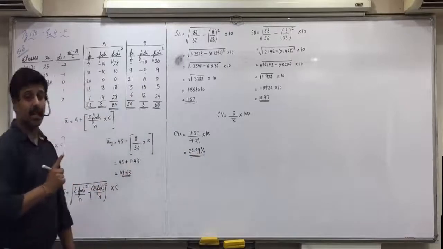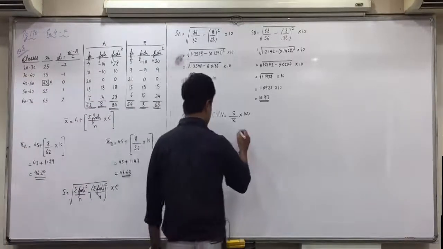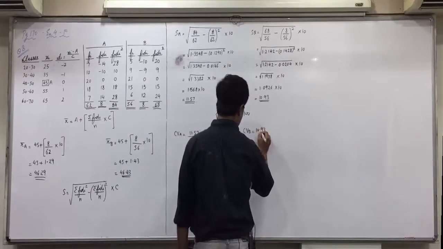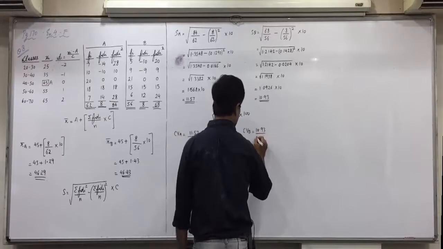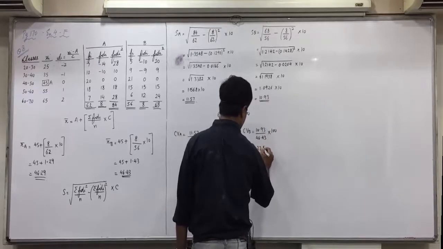After CV, it is necessary to write percent, otherwise marks will not be given. Same way, CV of B, 10.93 divided by 46.43 into 100, 23.54%.